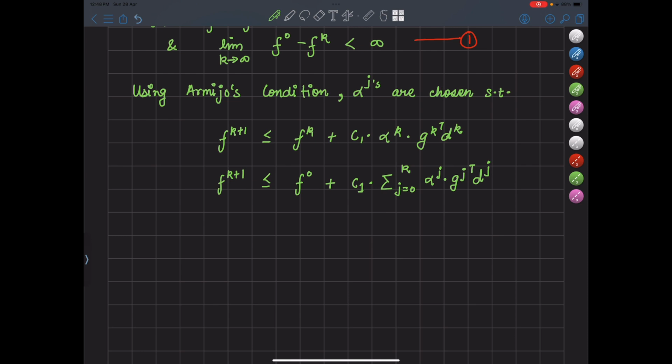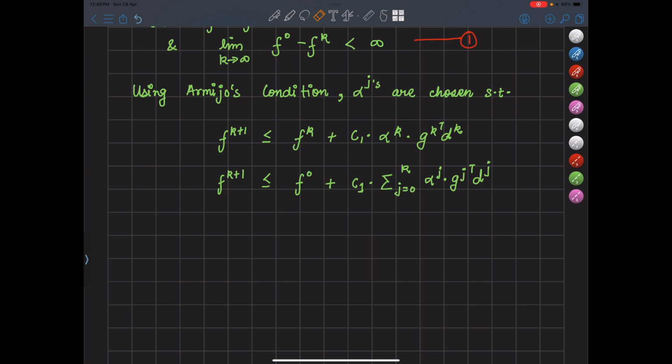The same relation, fk plus 1 less than fk plus something, can be written for fk: fk less than fk minus 1 plus something. If I keep on doing that, this will be less than this expression here. I hope it's straightforward, and if you are still confused, give it some time to understand why this is true.